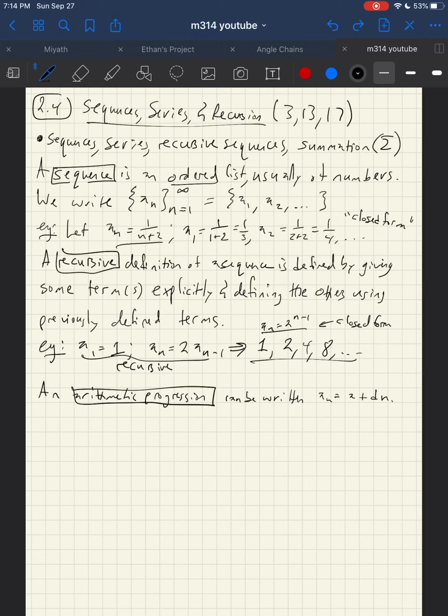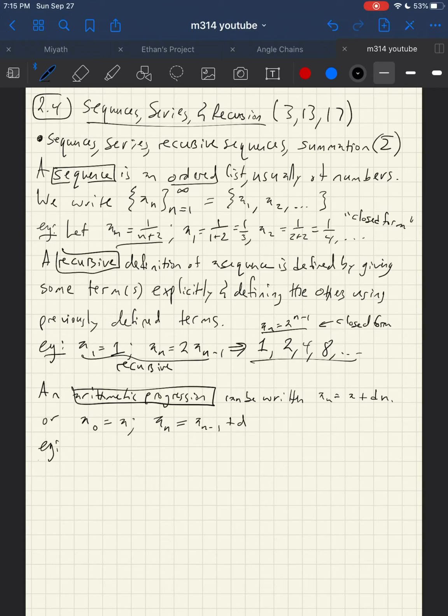We could also define it recursively: a sub 0 equals a, and a sub n equals a sub n minus 1 plus d. We're just adding d each time.